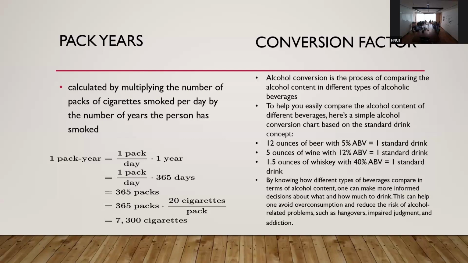So only 1.5 ounces of whiskey is equivalent to 12 ounces of beer. So if a person is consuming whiskey, he is having more alcohol as compared to beer. By knowing different types of beverages, one can make more informed decisions about what and how much to drink. This can help one avoid overconsumption and reduce the risk of alcohol-related problems.